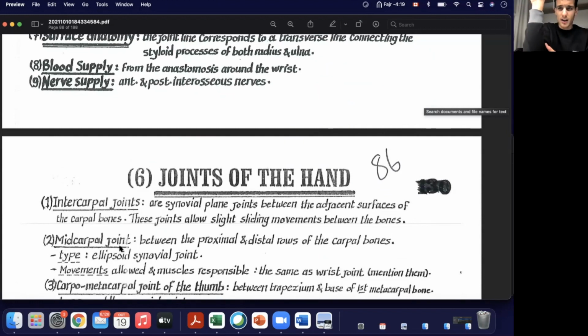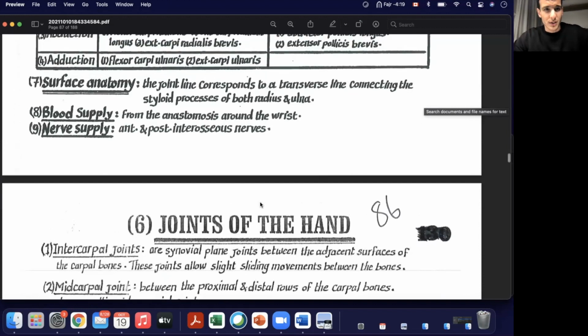There's also a couple of things I didn't mention about the joints between the radius and ulna. There are three basically, and we can go over them in another video. Let me know if you need them.